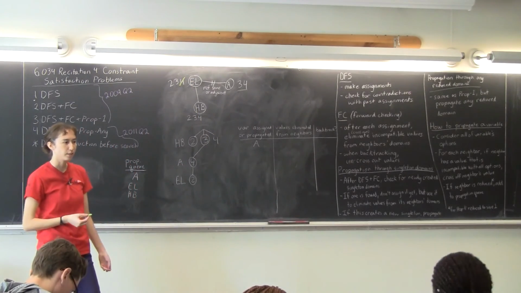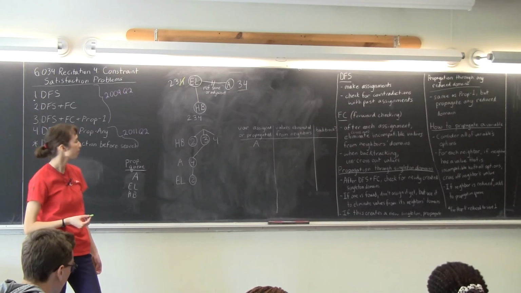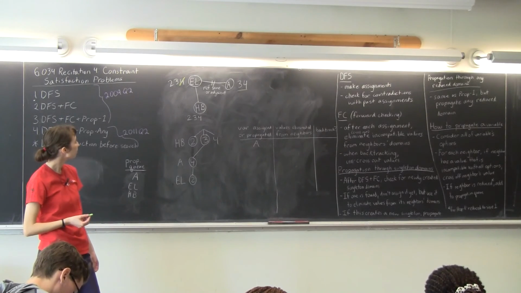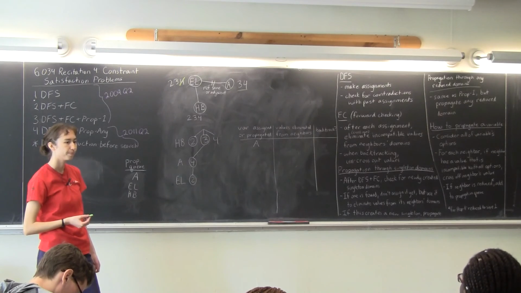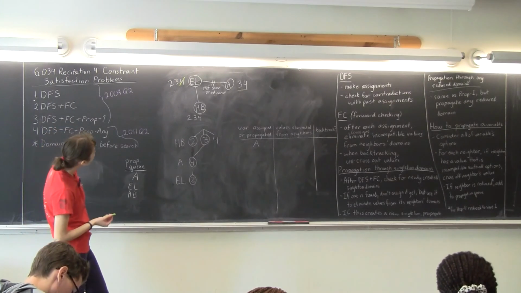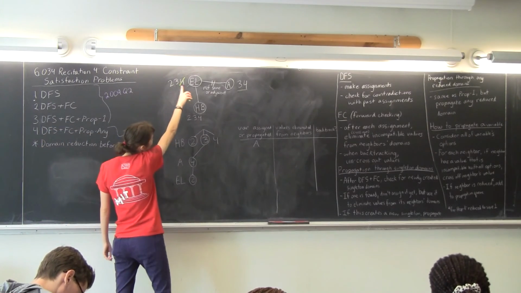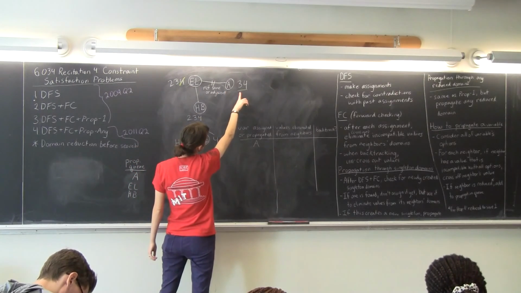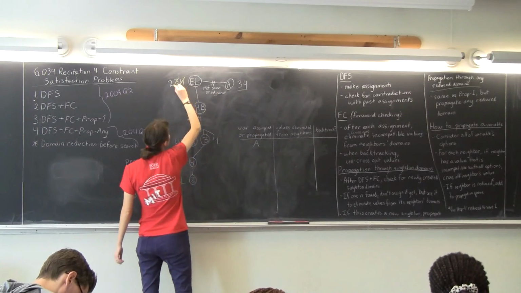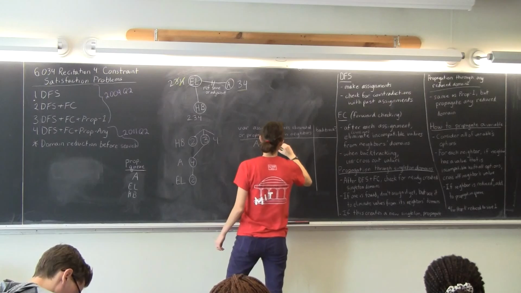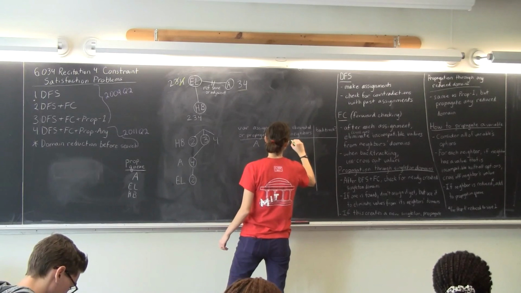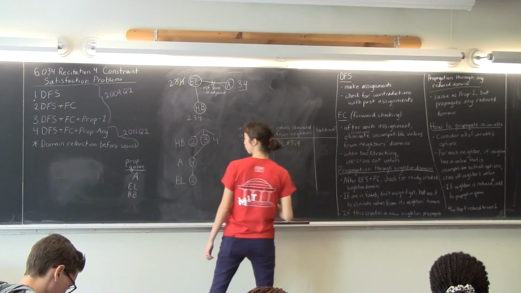Is there anything else? Yeah, the evil lion can't be in 3 either because the evil lion would either end up in the same pen or an adjacent pen. So we can eliminate 3 and 4 from the evil lion.